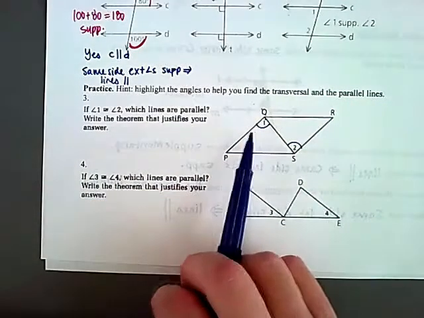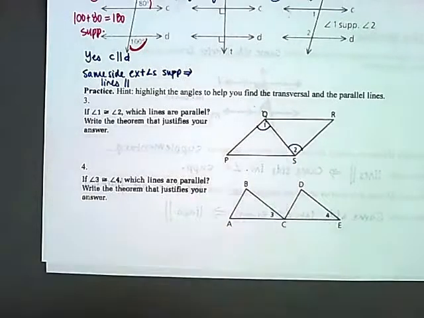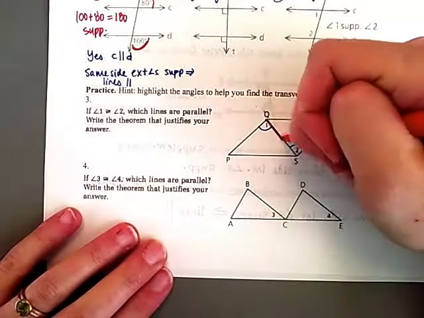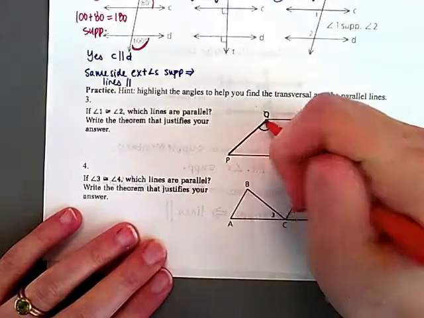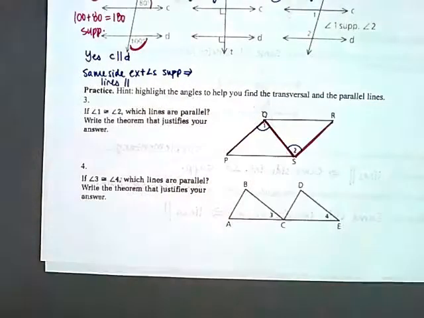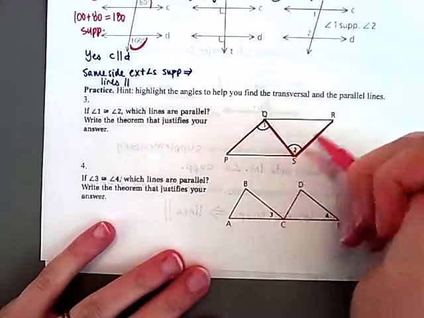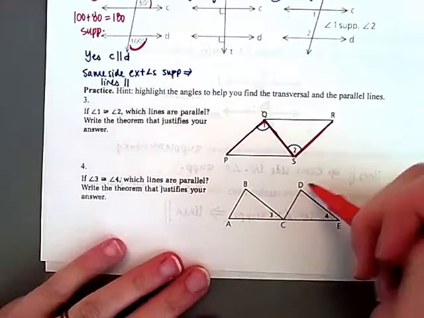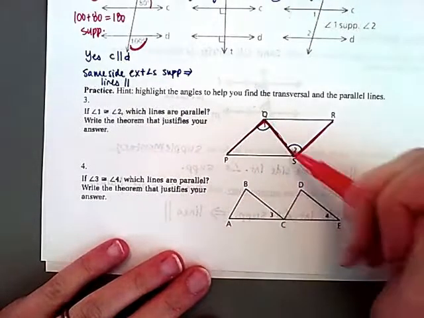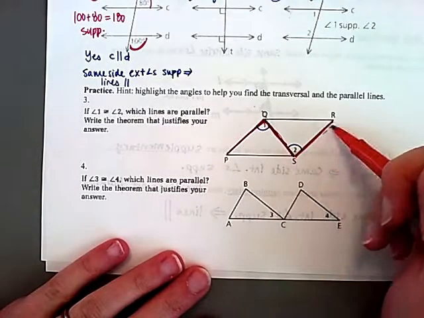And I need to be able to use the two angles I know to be congruent. So what I'm going to do is trace the segments that make up those angles. Do we see how these are all the segments that form the two angles? These two segments form angle 1, and these two segments form angle 2.